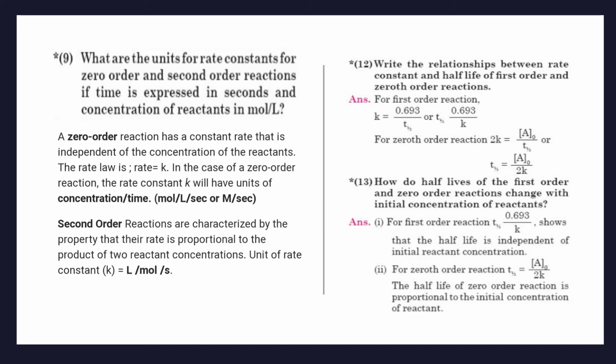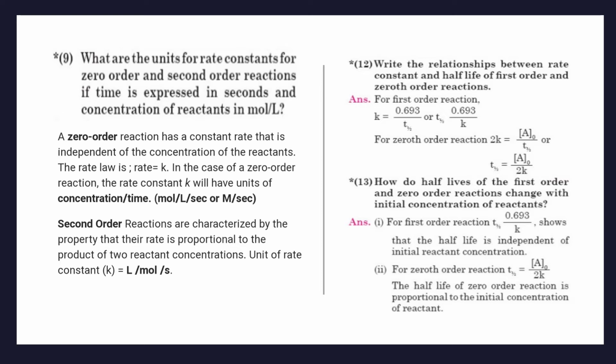In the case of a zero order reaction, the rate constant k has units of concentration upon time, that is moles per liter per second or molar per second. Second order reactions are characterized by the property that their rate is proportional to the product of two reactant concentrations. The unit of rate constant k is liter per mole per second.